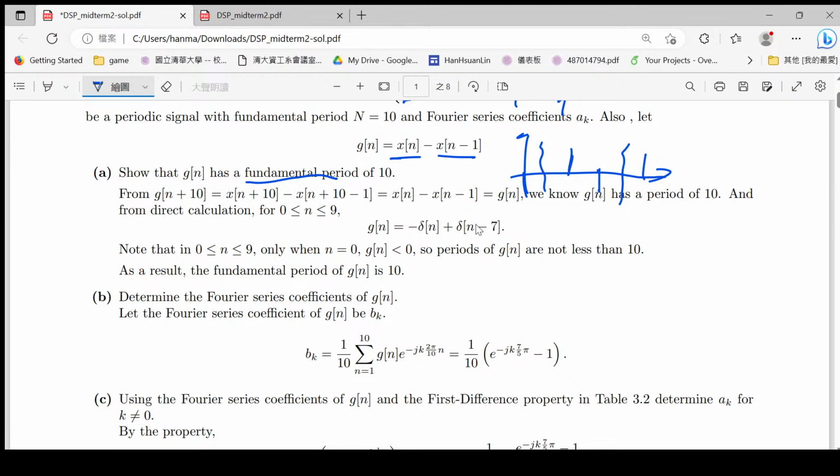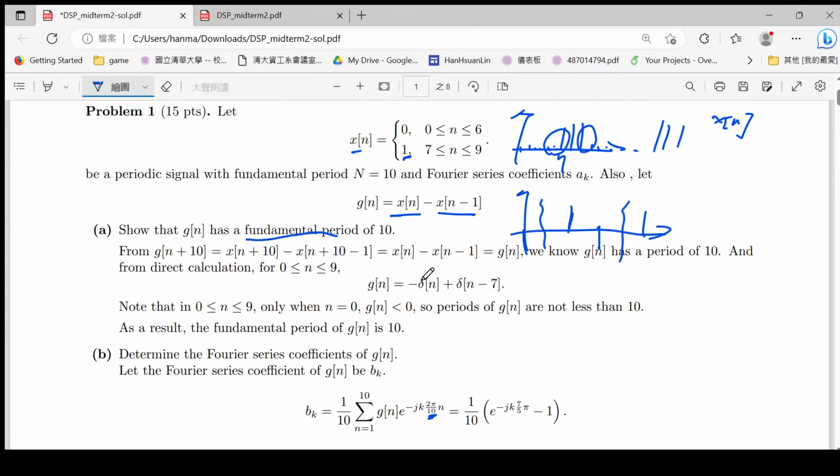And then there is another time shift of this delta function, and you can apply the time shift formula to get this here, e to the minus jk omega naught n naught. The omega naught is 2 pi over 10, and n naught is 7, so you get 7 pi over 5. And you can also just do this brute force calculation to get this result. Okay.